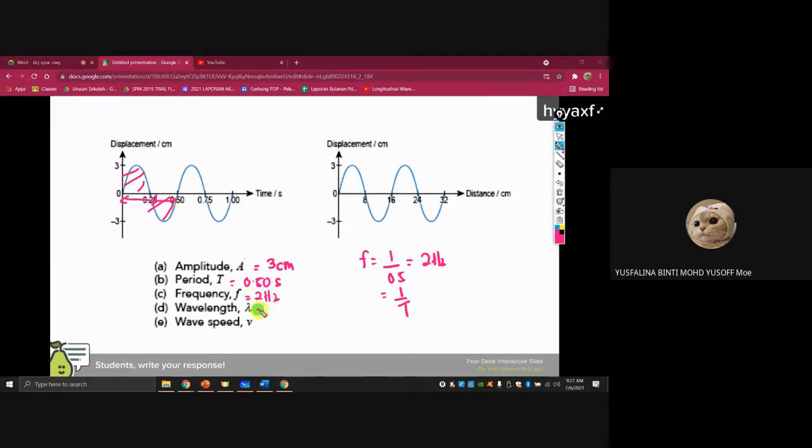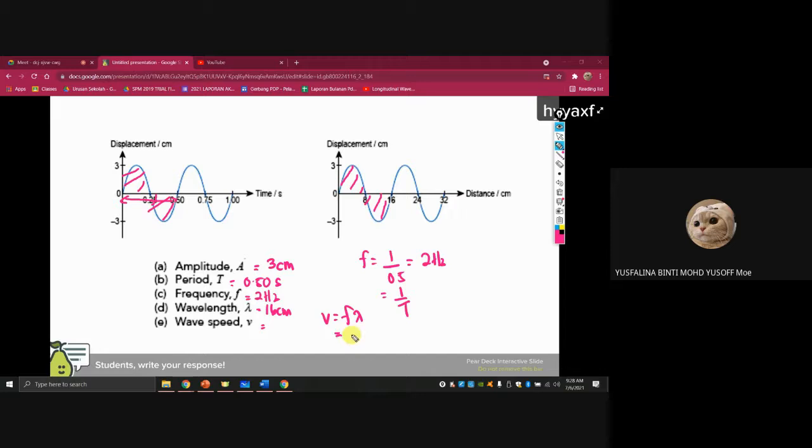So how about wavelength? Wavelength is the two semicircle, but this one you have to use the displacement against distance. So I take two semicircle. The answer should be 16 cm. Then if you want to find the wave speed, V is equal to F lambda.